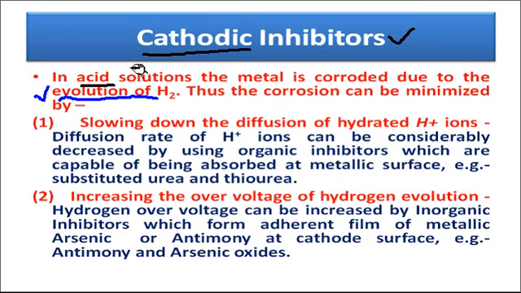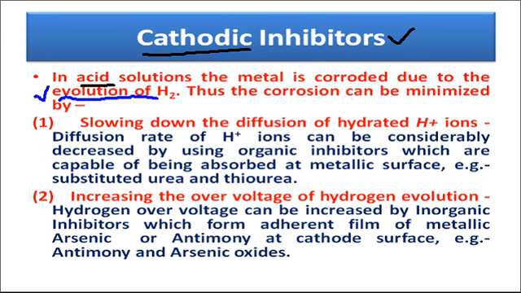You must remember that the cathodic reaction is a medium dependent reaction. In acidic medium, the cathodic reaction is the evolution of hydrogen. So if the medium is acidic, the cathodic inhibitors are of one type. If the medium is neutral or basic, then the cathodic inhibitors are of a different type.